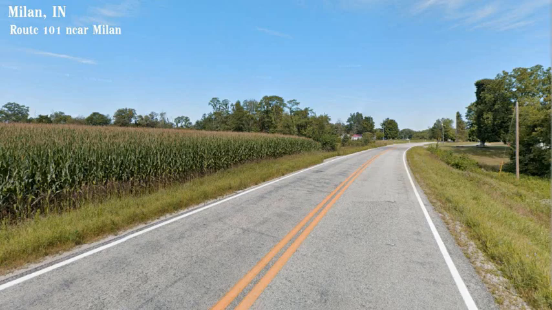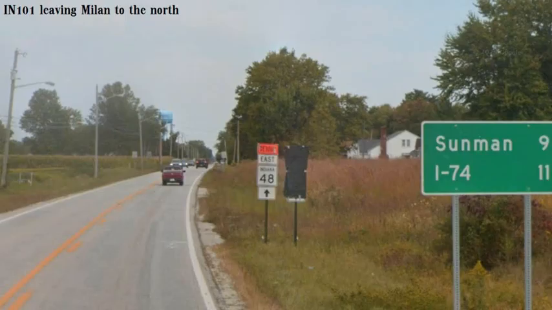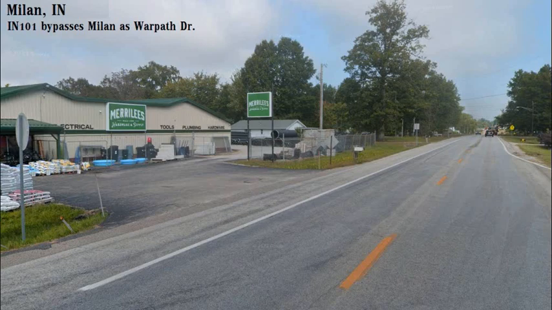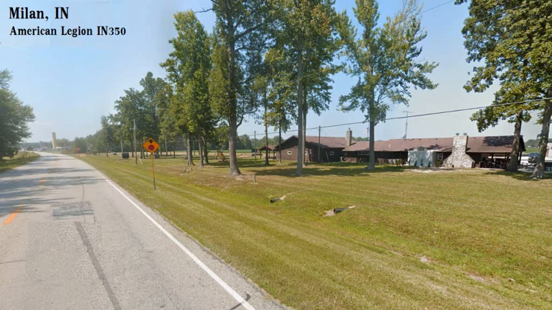State Road 101, that runs south-north, is bypassed to the east, parallel to Main Street, as Warpath Drive. State 350 runs east-west way up to the north of Milan.